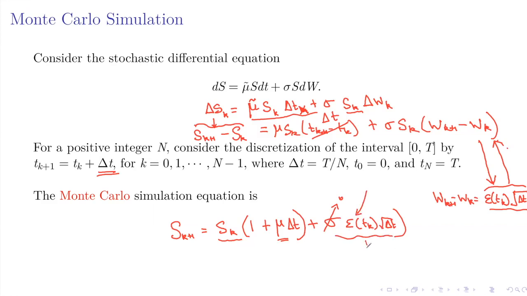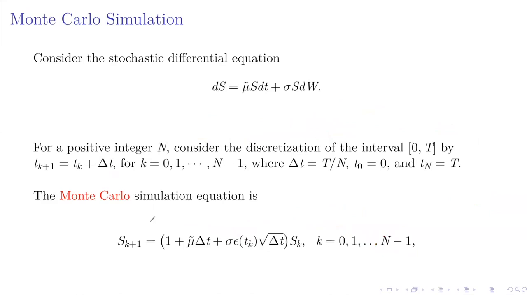Remember, epsilon is the standard normal random variable with mean 0 and variance 1. Recall, it comes from our basic assumption that it looks like Gaussian white noise. Therefore, our simulation formula finally takes this form.